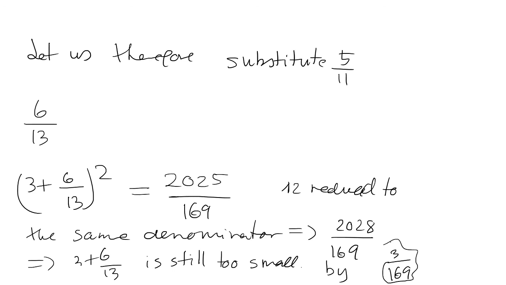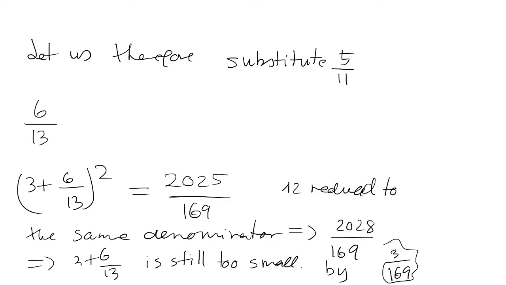And at the same time, we have that 3 plus 7 divided by 15 is too great. Okay, I don't want to keep going any longer, but as I can show you here, we keep getting closer and closer to the square root of 12. But actually, no matter what I do, we will never be able to express the square root of 12. So it is evident, therefore, that whatever fraction, or say decimal number, is joined to 3, the square of the sum must always contain a fraction and can never be exactly equal to the integer 12.